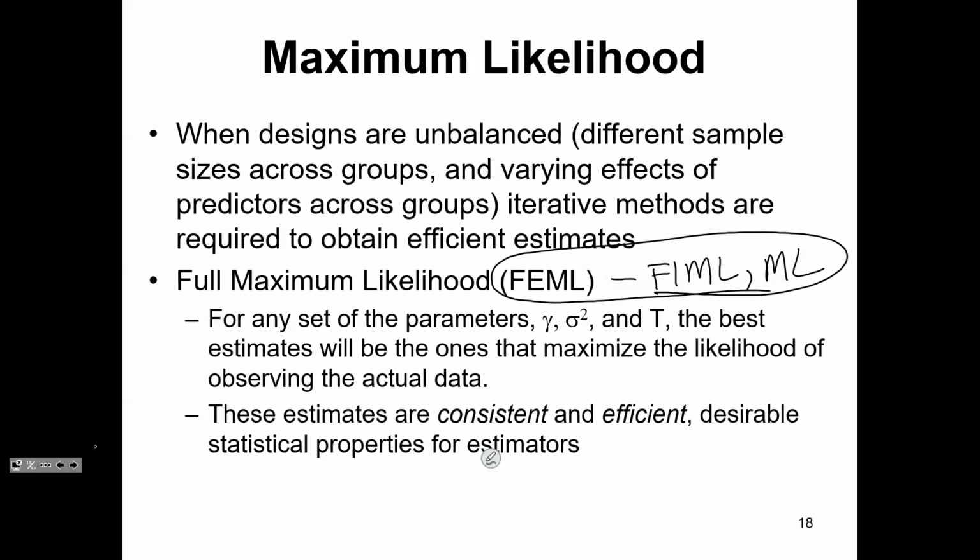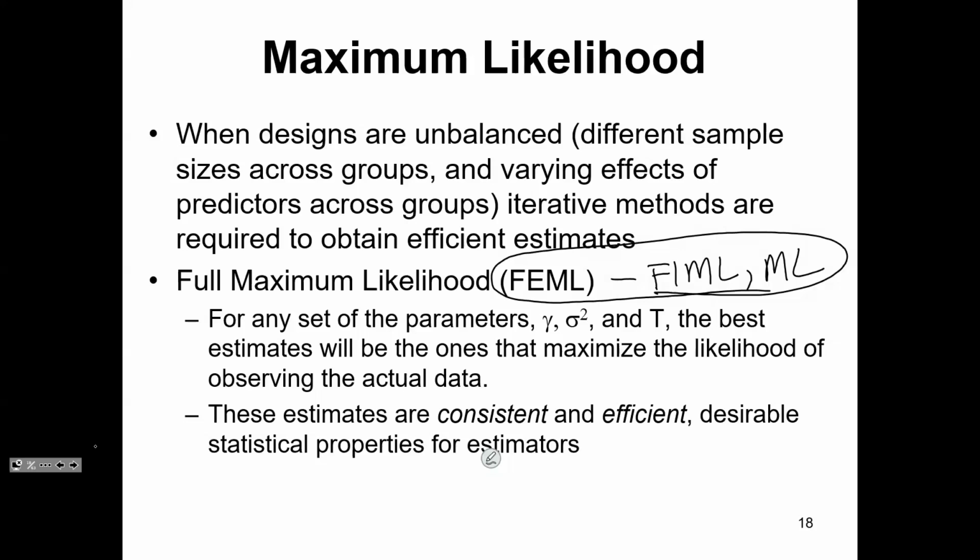But in full maximum likelihood estimation, for any set of parameters, remember our parameters are our gammas, sigma squared, and our tau matrix, maximum likelihood estimation in a nutshell says the best estimates are those that maximize the likelihood of observing the data. That's really what a maximum likelihood estimate is.